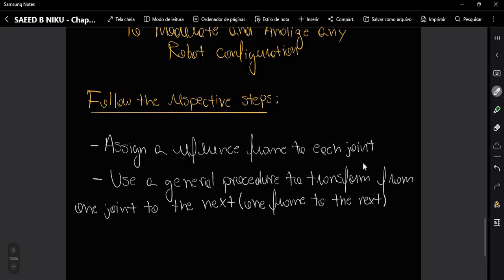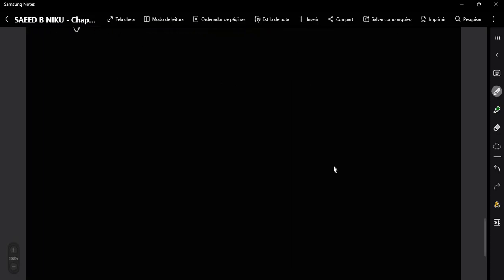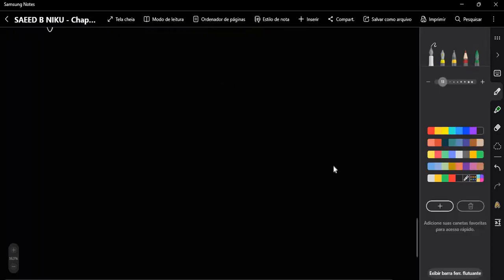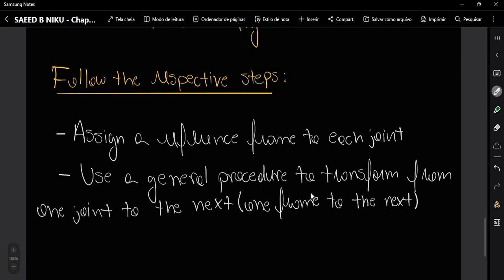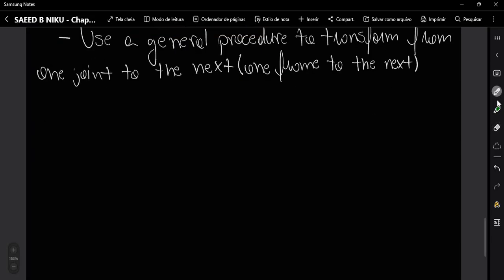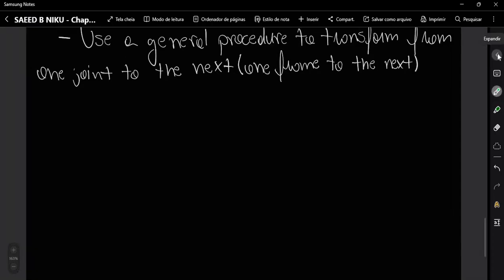An example. Now let me draw an example that we can use to describe what I'm about to write, to explain this procedure. So we need to now learn how to write transformations using DH representation.